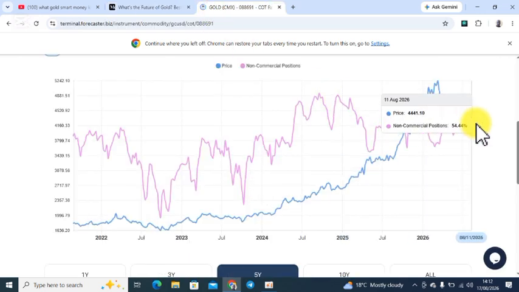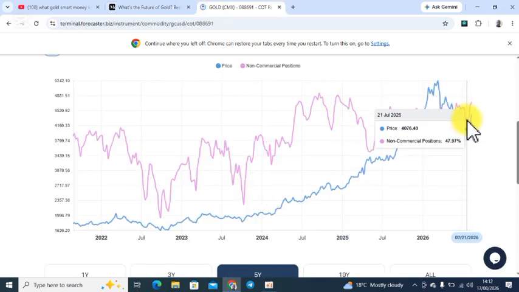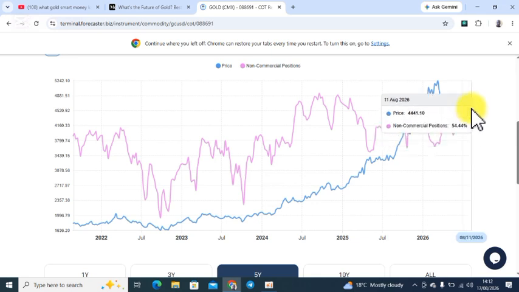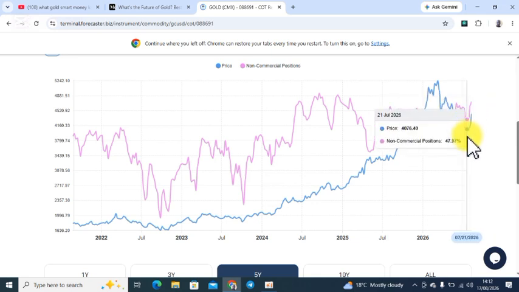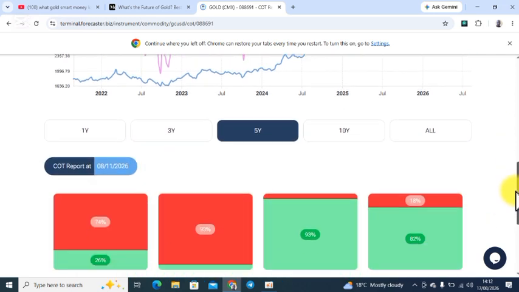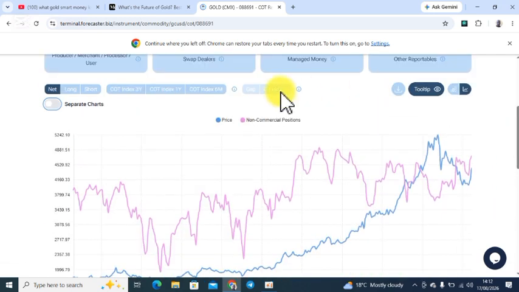If I take you to the chart, you can see this is the bottom of price, and both of them are agreeing by rallying up. So that is the agreement I was expecting, and indeed it happened.